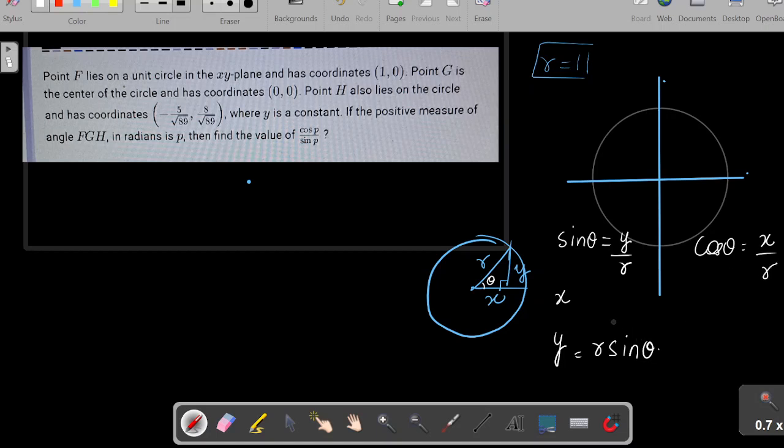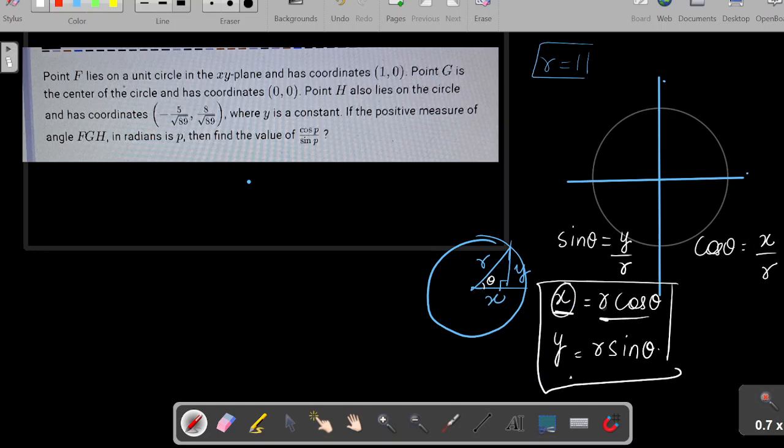So can I say x equals r cos theta? Only this thing you need to remember: you can find x by doing r cos theta, and you can find y by doing r sin theta. Okay, let's try to implement this concept in the given question.